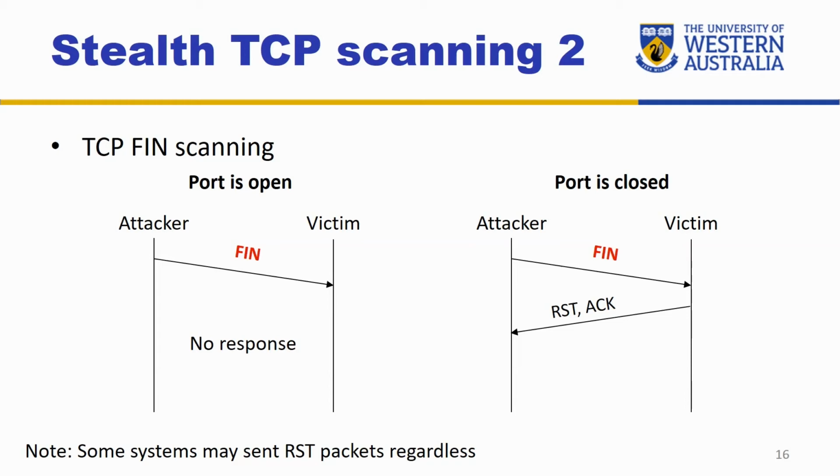The victim just discards the FIN packet, treating it as terminating the connection. If the port is, however, closed, then you will get a reset and acknowledgement packet back. So this is by design of the TCP, which did not take into account these types of security postures when it was developed about 40 years ago, nearly 50 years ago.